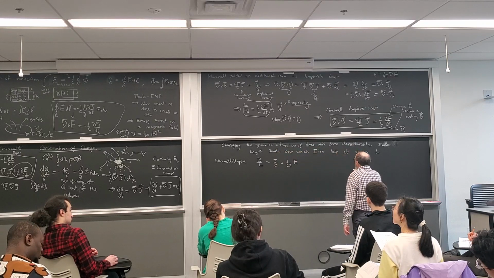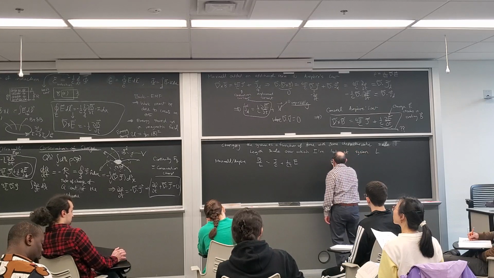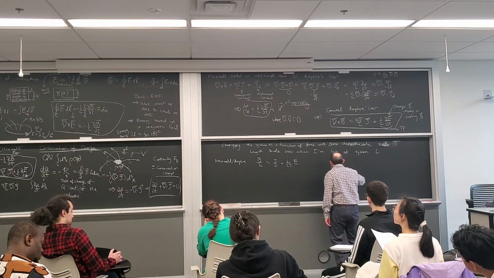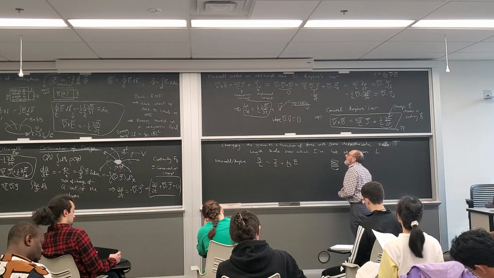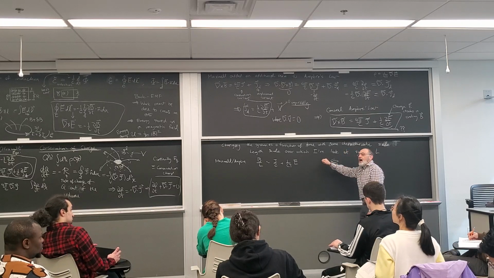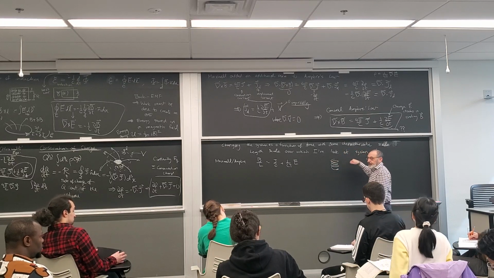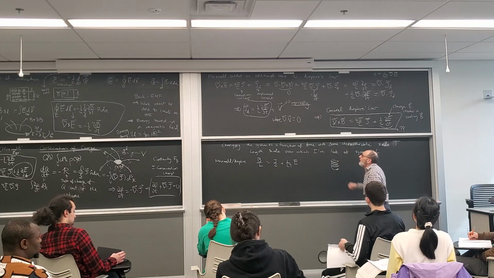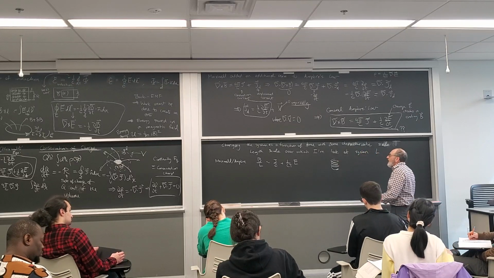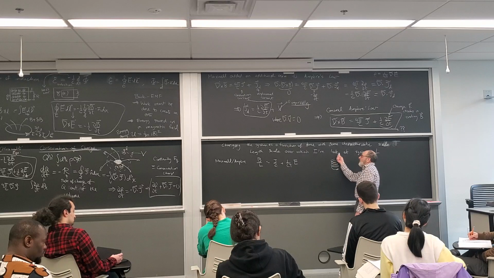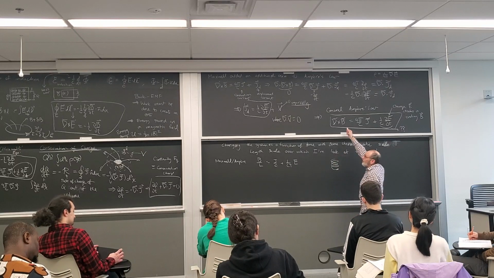However, here's a question. I have, say, a solenoid, and I'm changing the current through it in order to create a magnetic field, this curling magnetic field.